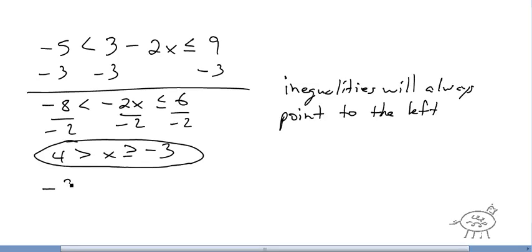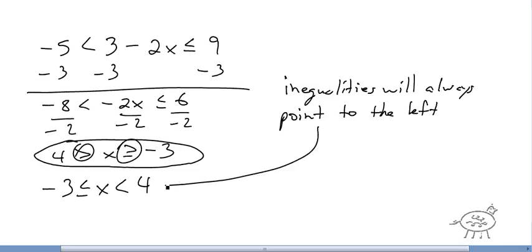So this guy's pointing to the negative 3, this guy's pointing to the x, and 4. I literally flipped the whole thing around, so now it is pointing to the left. Now I graph it. Negative 3, 0, 4, and this is a solid dot, this is an open dot.